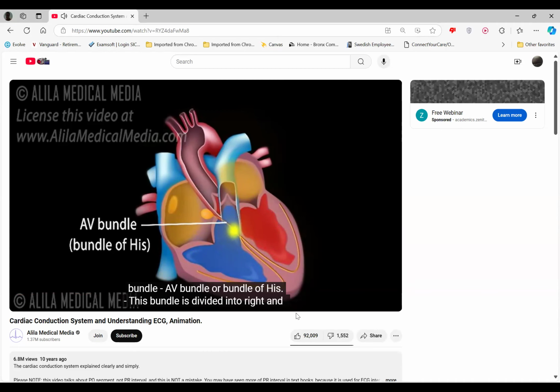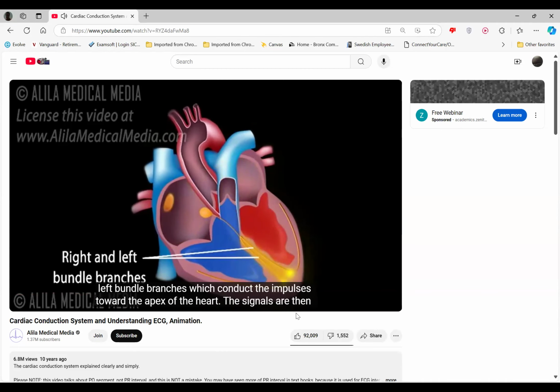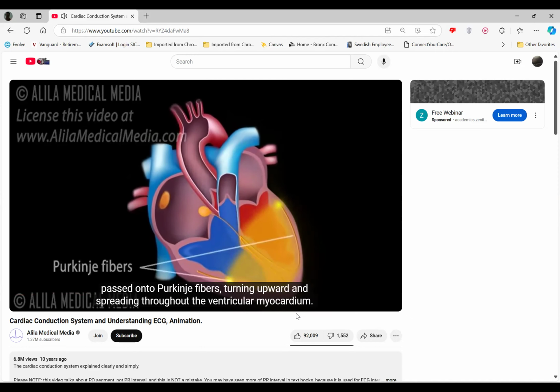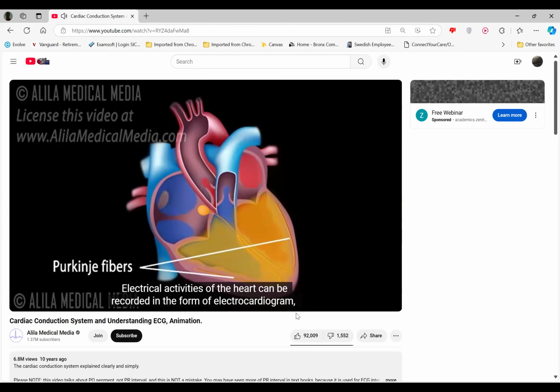This bundle is then divided into right and left bundle branches, which conduct the impulses toward the apex of the heart. The signals are then passed onto Purkinje fibers, turning upward and spreading throughout the ventricular myocardium.